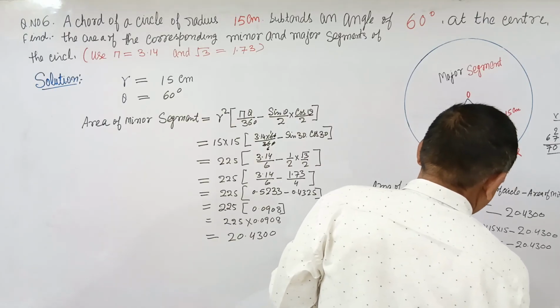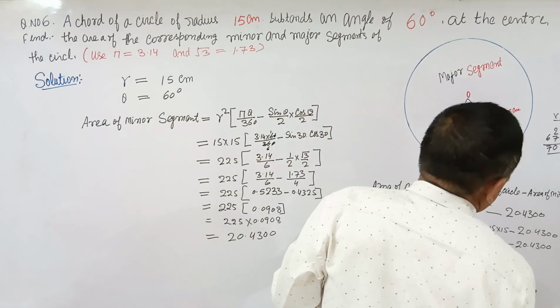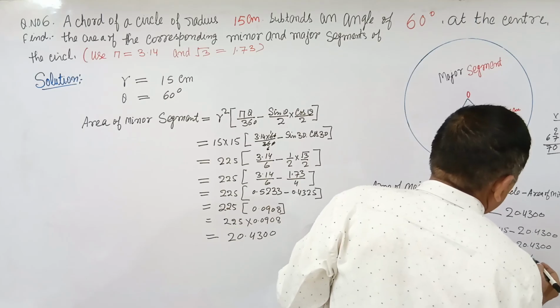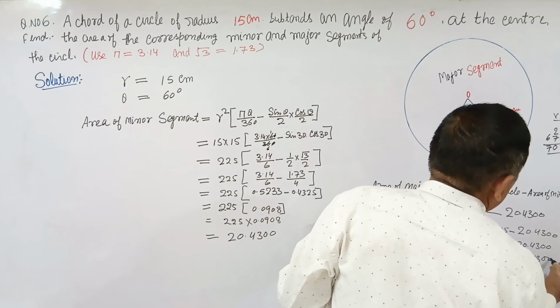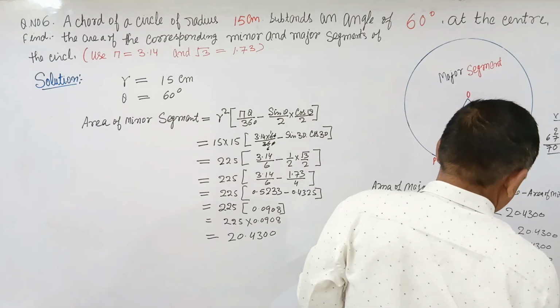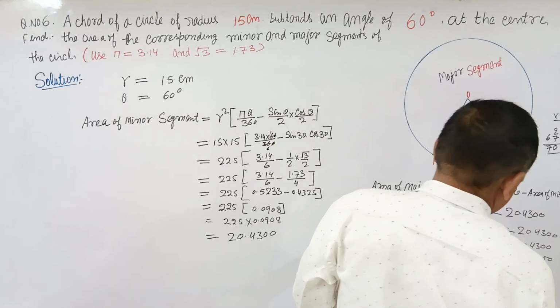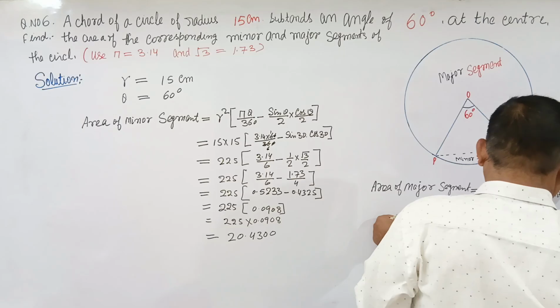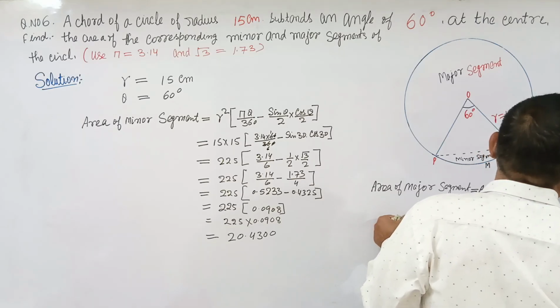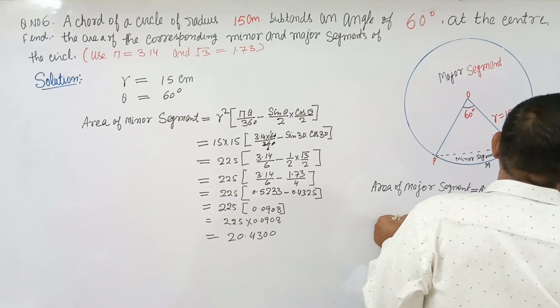So this comes out to be 706.50 minus 20.4300.